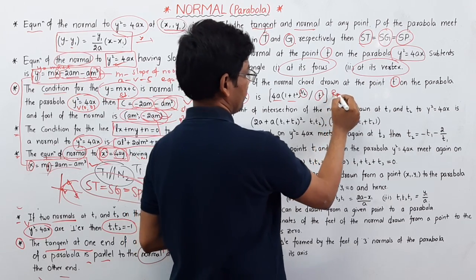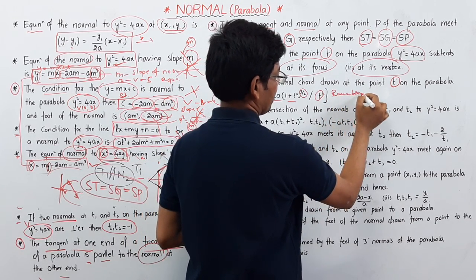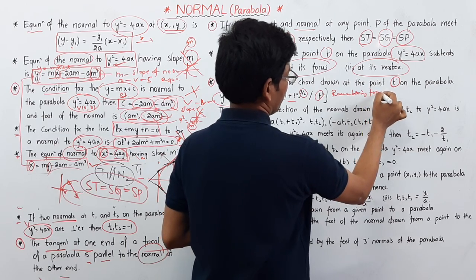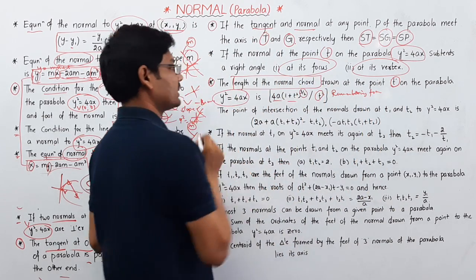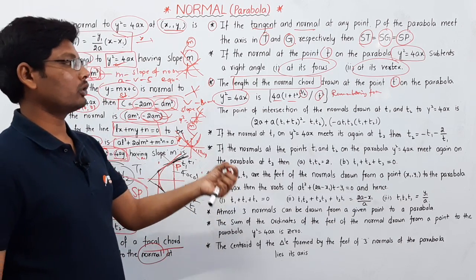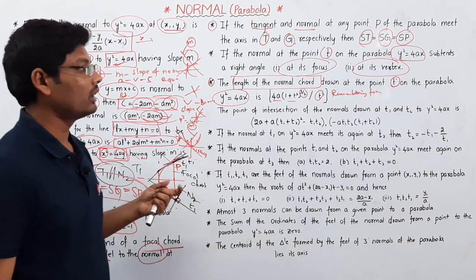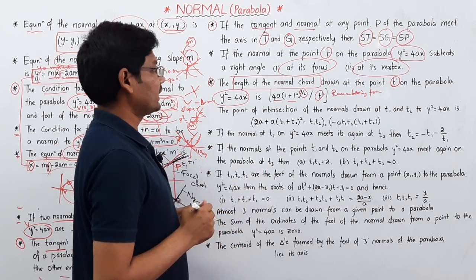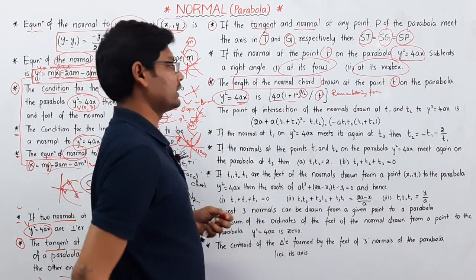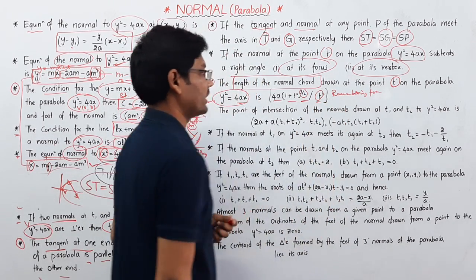This is the formula to remember for the length of the normal chord. This is the first expression to find the length of the normal drawn at any point T on the parabola y square is equal to 4ax, that is 4a of 1 plus t square whole to the power of 3 by 2 by t square.